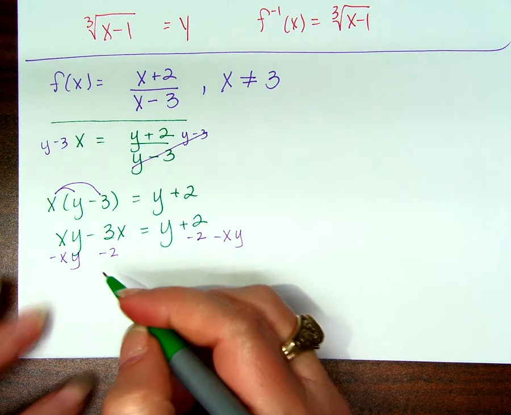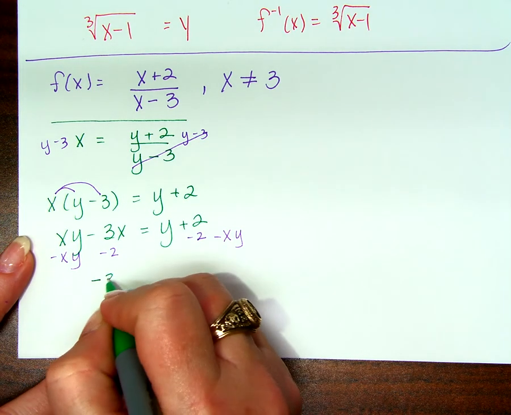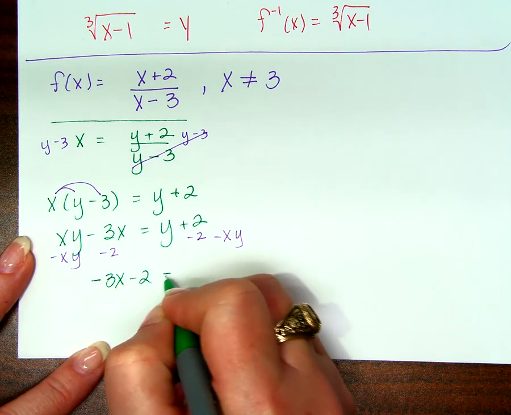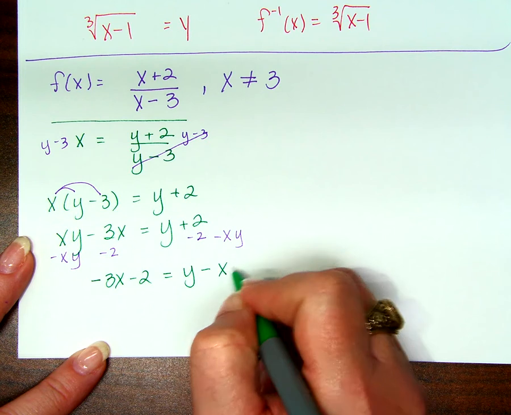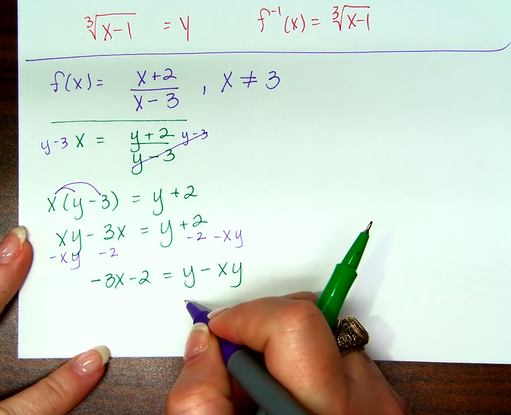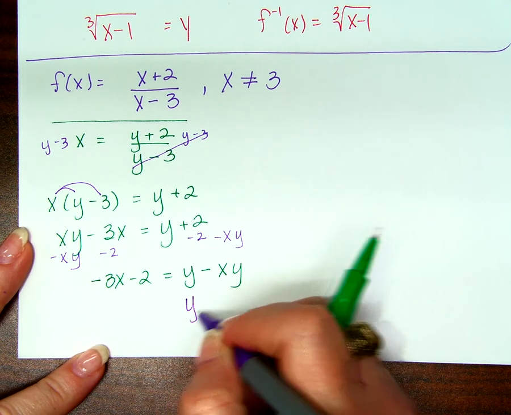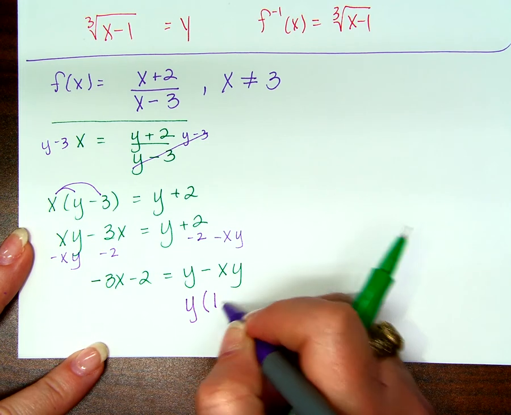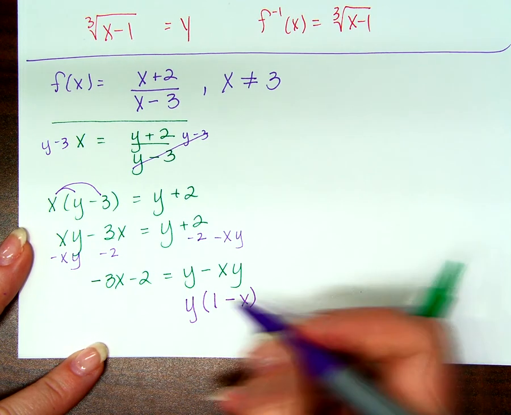No, it's not bad. You're fine. It's okay. Negative 3x minus 2 equals y minus xy. Can I factor out a y on the right-hand side of the equation? Don't both of the terms have a y? So 1 minus x, right?